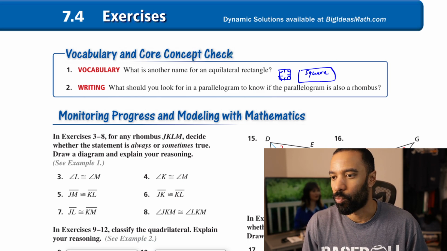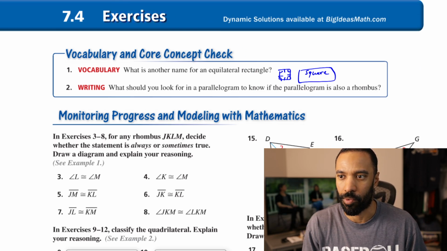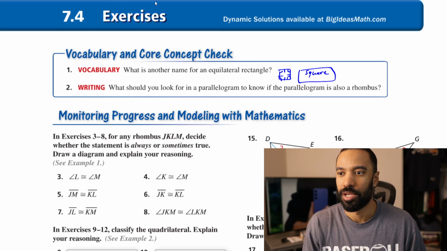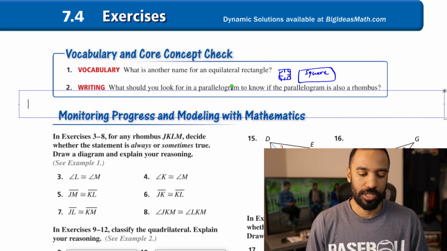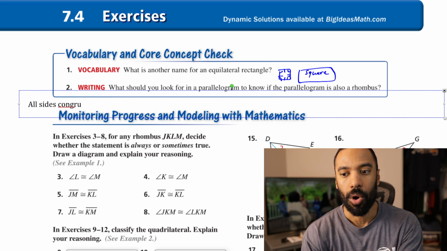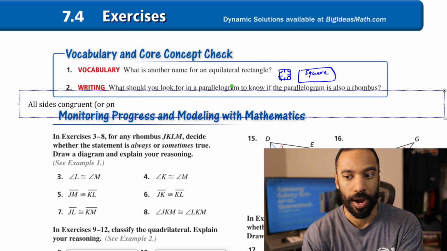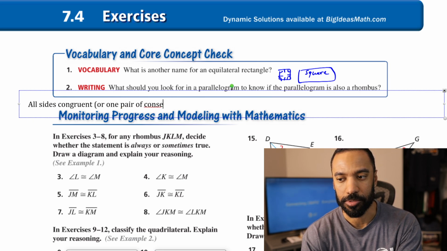Number 2, writing. What should you look for in a parallelogram to know if the parallelogram is also a rhombus? We have a couple things that we can look for here. We can either look to see all sides congruent, or one pair of consecutive sides congruent, because you already know the opposite sides are congruent.